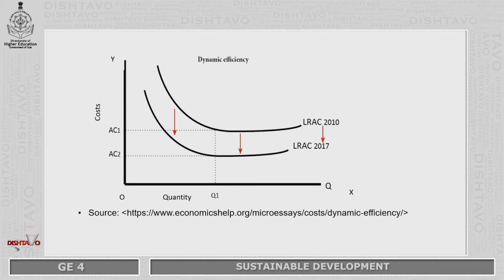During that time, the average cost, that is the per unit cost, is higher. But over a period of time, due to innovation or changes in technology that the firm has applied, the average cost has come down. That is, instead of producing the same quantity at Q1, the average cost has dropped from AC1 to AC2.